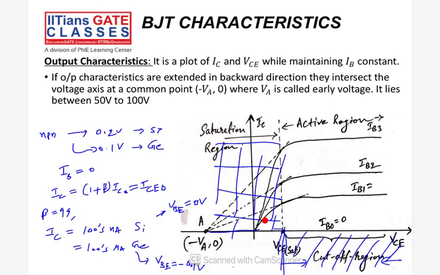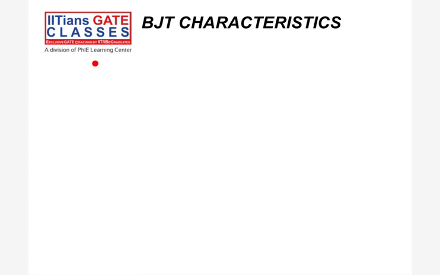When the transistor is in saturation, VCE will be less than or equal to VCE saturation. That is the main thing we need to remember: VCE is less than VCE saturation and IB is greater than 0. That is above IB we will be talking.